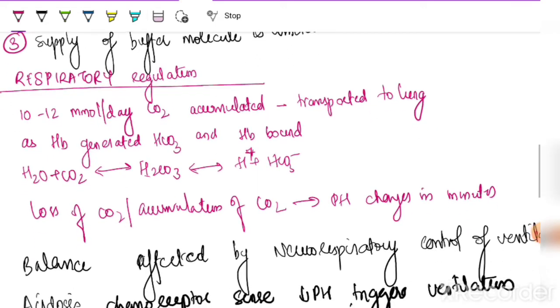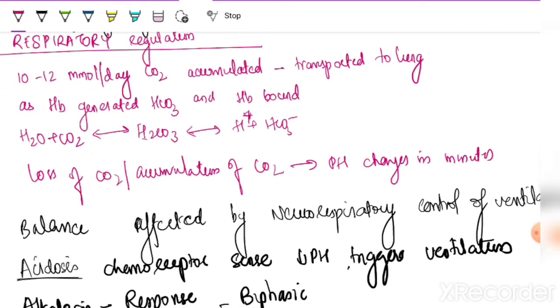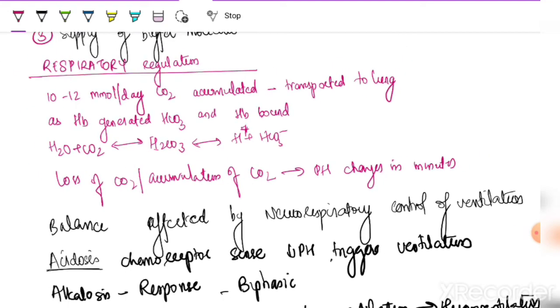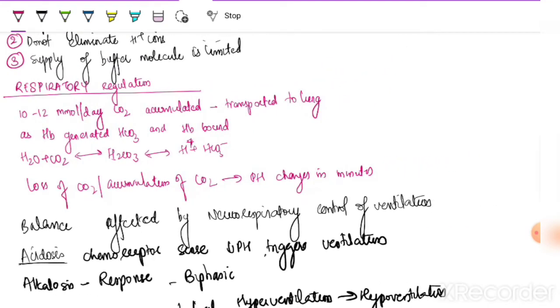So there might be loss of CO2 or accumulation of CO2, and there will be pH changes. This is through the respiratory system, which acts by changes in PCO2 levels, and this balance is affected by neurorespiratory control of ventilation.